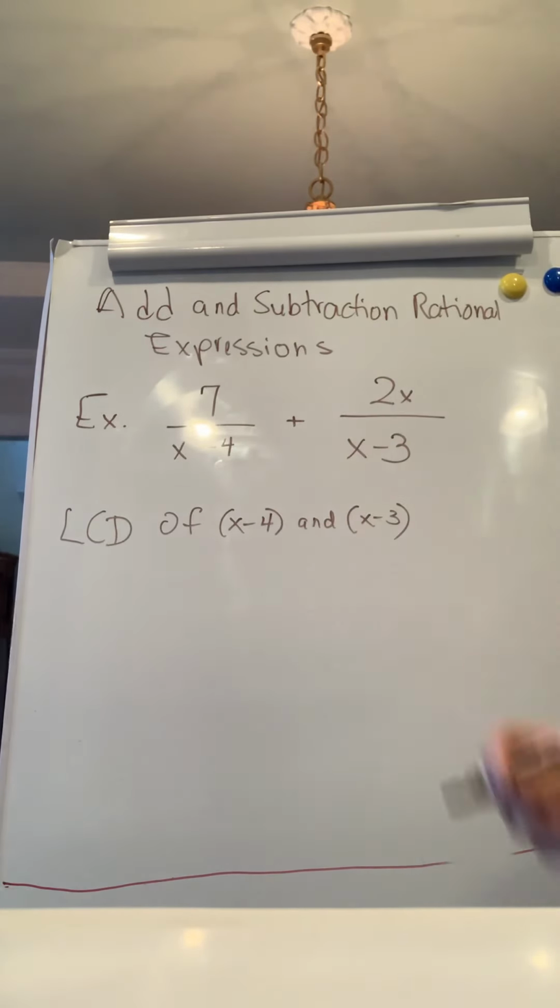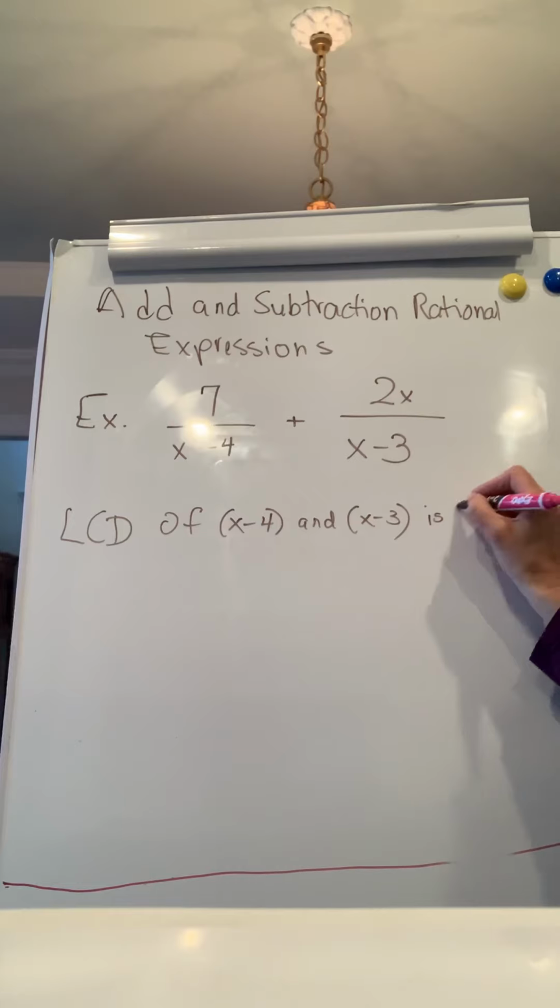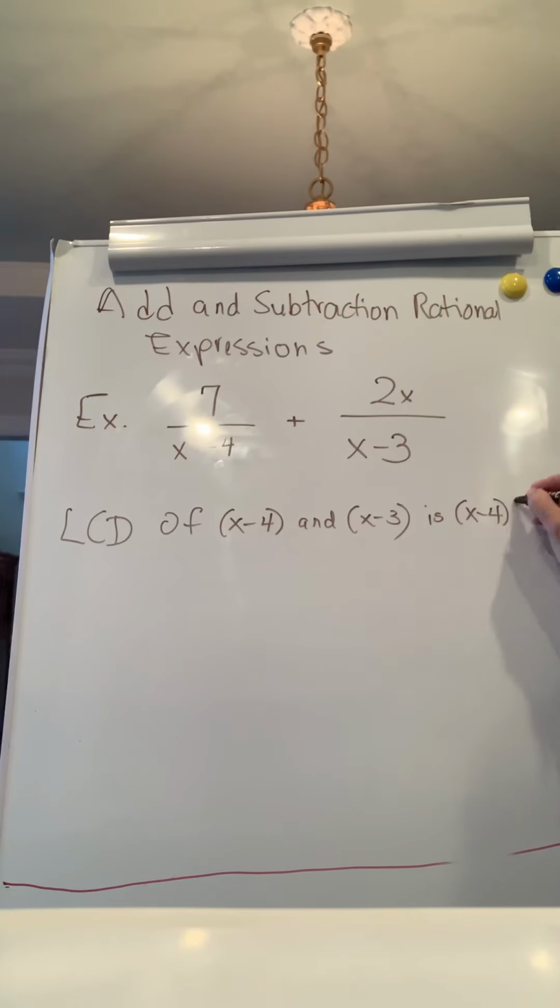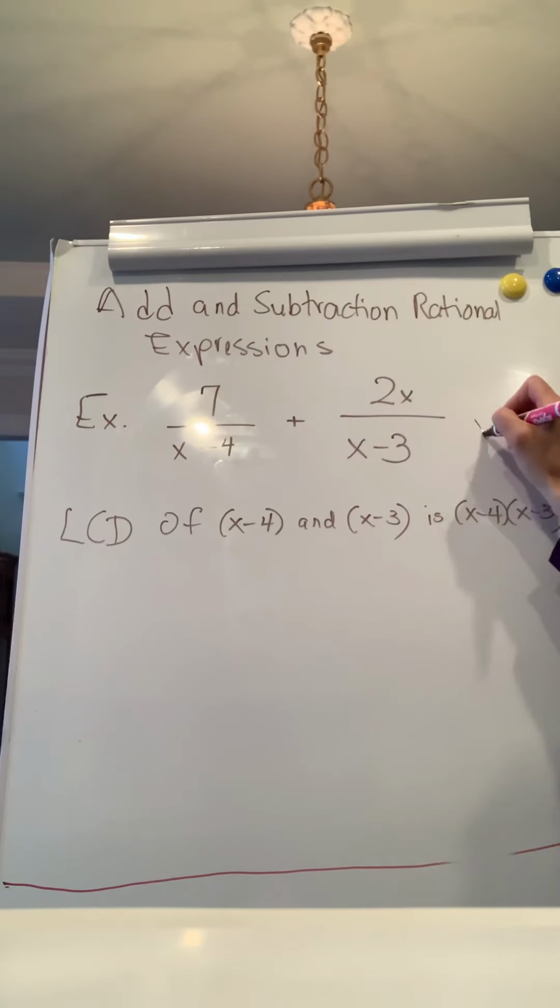Again, those are relatively prime to each other. They're two different factors, so their least common denominator is just going to be the product of those. We are going to leave our common denominators in factored form, so you do not need to multiply that out. Denominators you will not need to multiply out, but numerators you will. Back up here, we see x cannot be 4 or x cannot be 3.